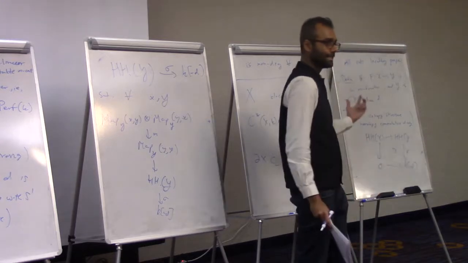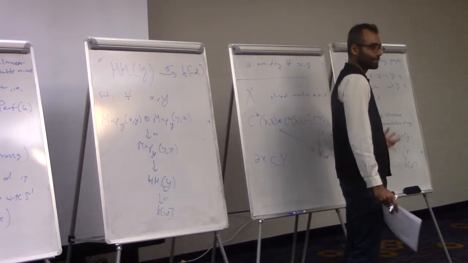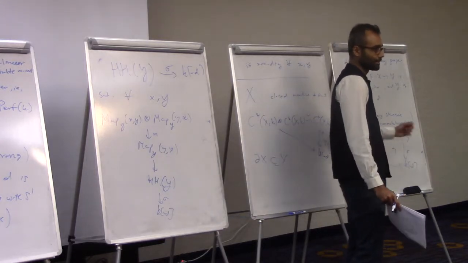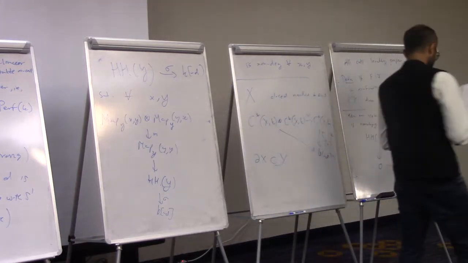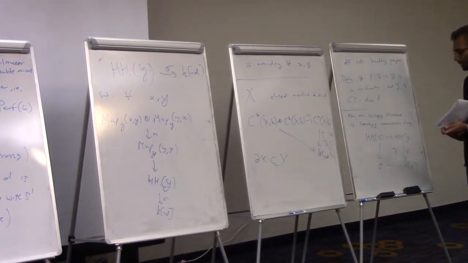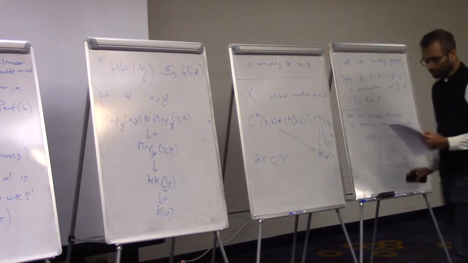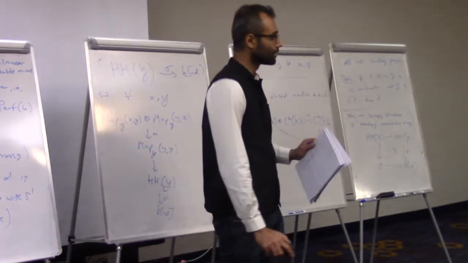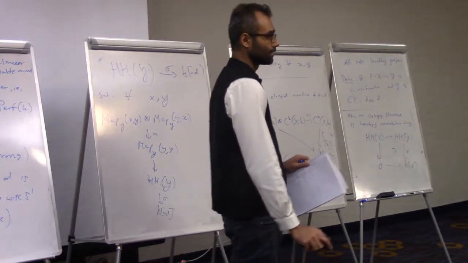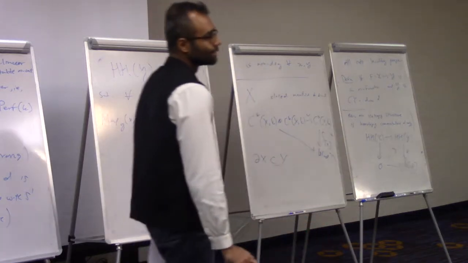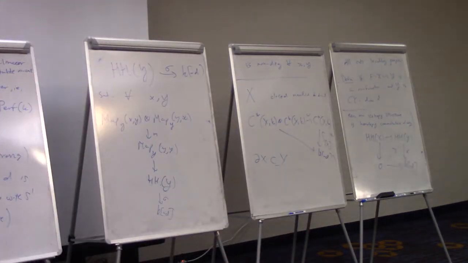So it's data, because it's not just saying that this diagram commutes. Saying the diagram commutes is providing a two-cell that makes this diagram commute. So it's the data of that two-cell.